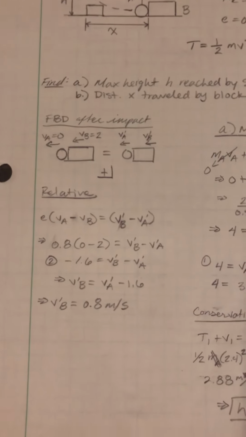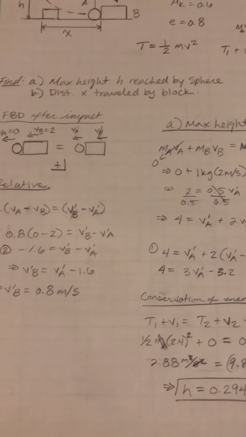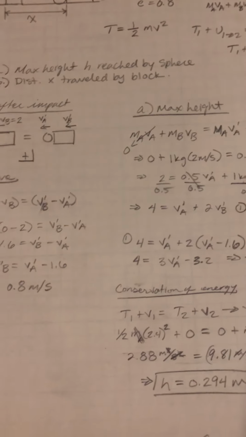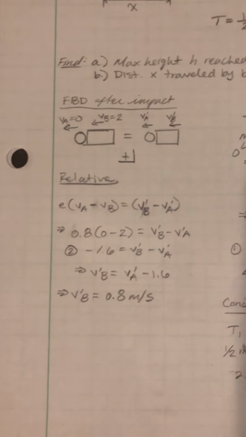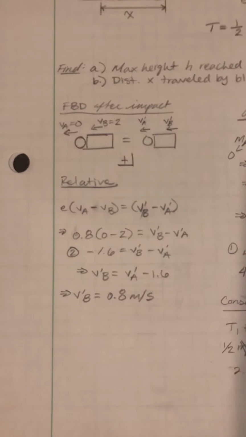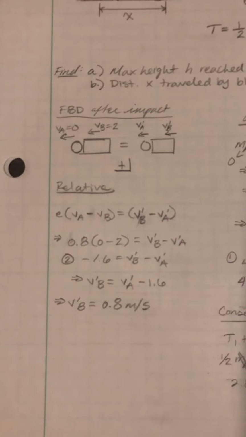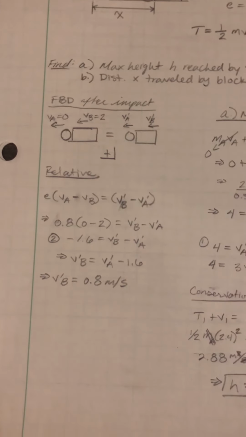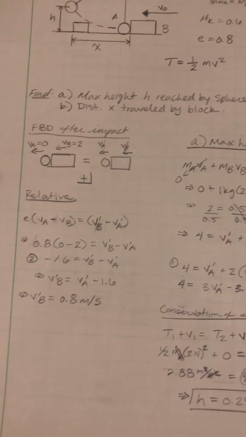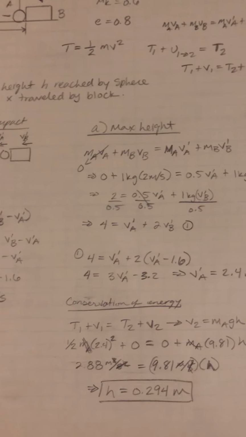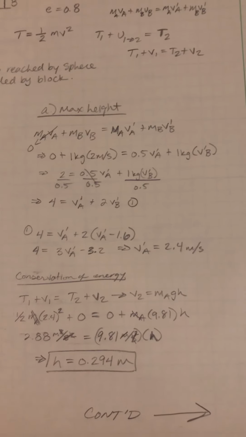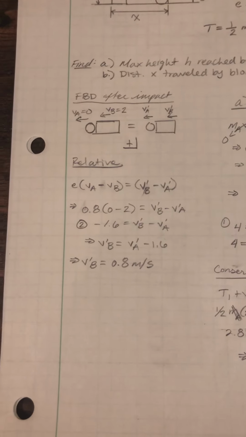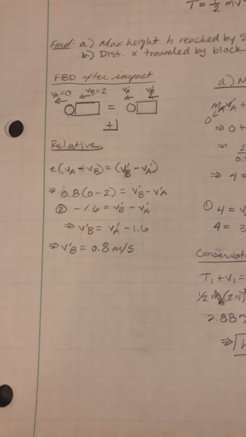Using this relative equation once again, we get our second equation as v prime b minus v prime a is equal to negative 1.6. And manipulating that for vb prime, we plug that into our first equation, and we find that v prime a is equal to 2.4 meters per second. And plugging that into our v prime b, we find that it is 0.8 meters per second.